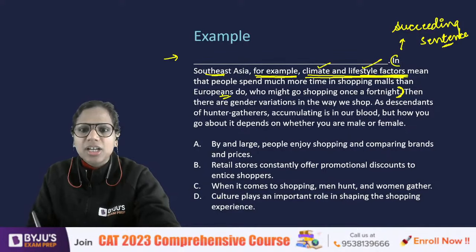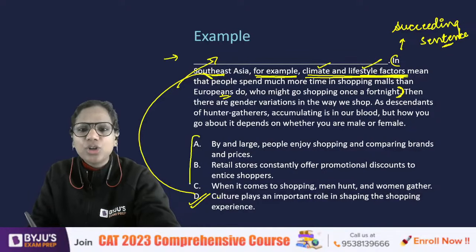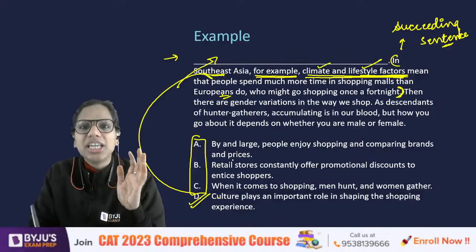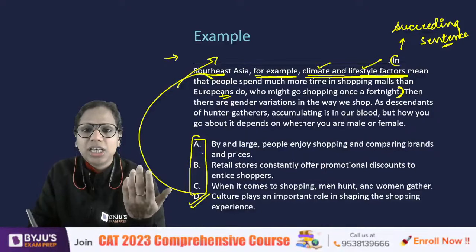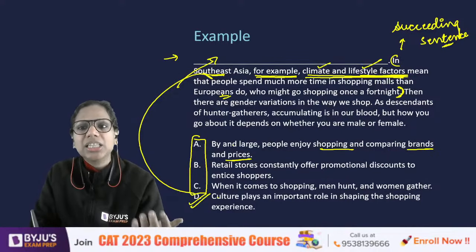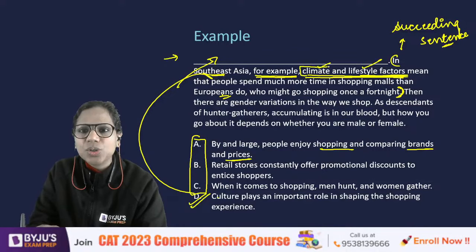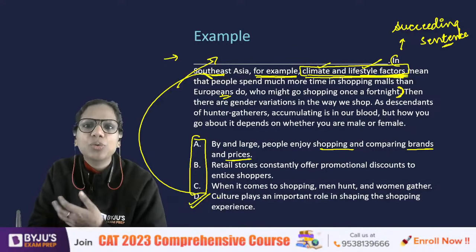So, culture plays an important role in shaping the shopping experience. And if you see, the other options don't fit. Even if you didn't gauge this, you can eliminate the others. These discussions that people enjoy shopping and comparing brands and prices, these will come perhaps later. Right now, we are saying that there are certain factors that actually shape how we shop.